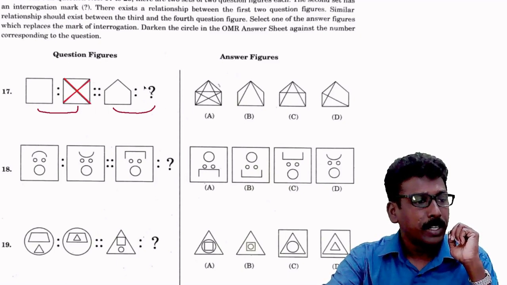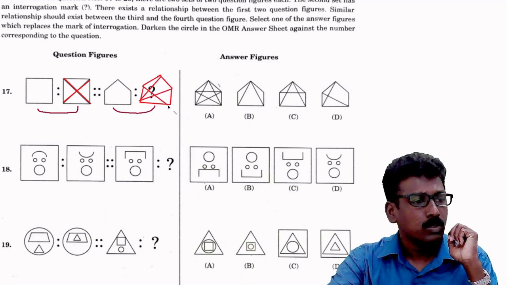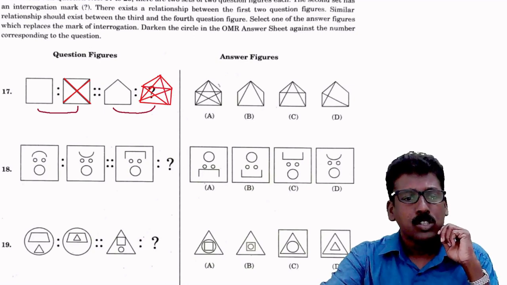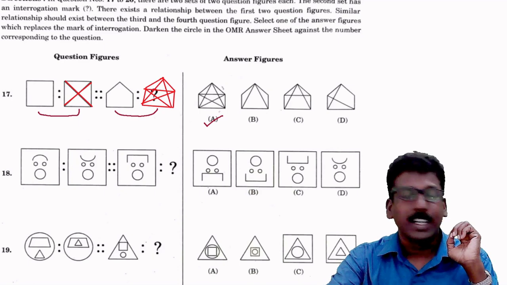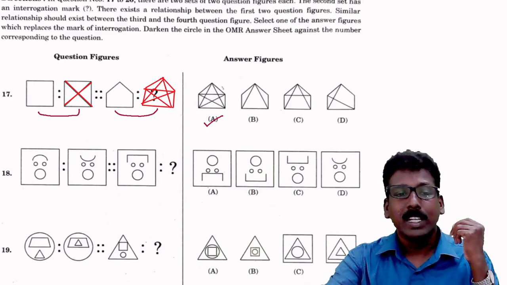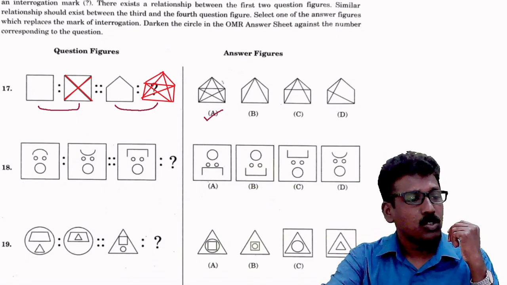So here is a pentagon. So you have to draw a pentagon and its diagonal you have to make. So 1, 2, 3, 4, 5. So you can see A is the correct answer. Similarly, try to do the other questions.